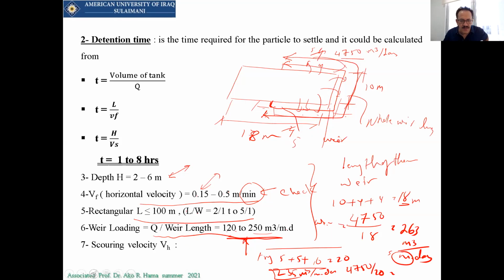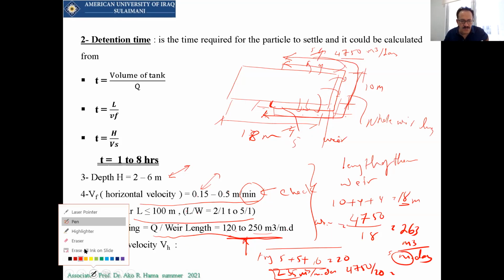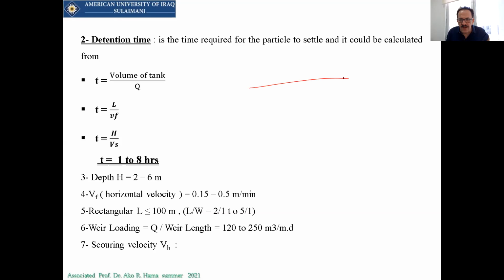The final design will be here. 10 meter this way and 18 meter this way. I think H was 2 meter, right?